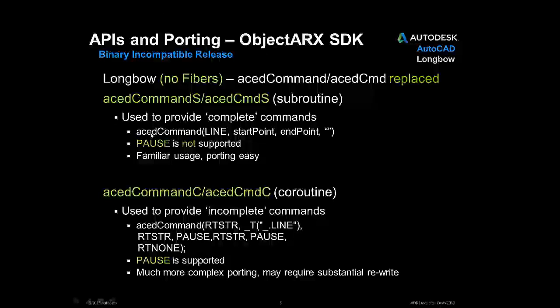For example, we draw a line, providing the start point and end point directly, and the line will be created automatically. In such a scenario, the migration is very easy. Just change acedCommand to acedCommandS. S means subroutine.